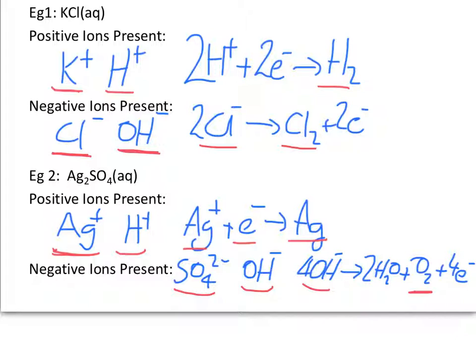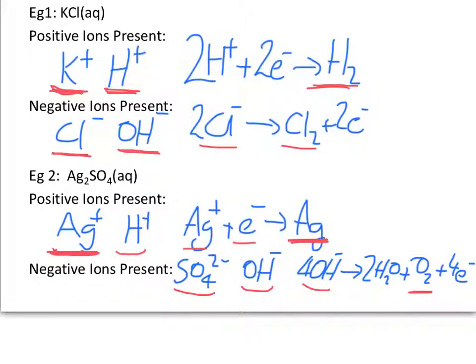So those rules again: for positive ions, check if the metal is more or less reactive than hydrogen. If the metal is more reactive than hydrogen, as is the case with potassium, you get hydrogen forming. If the metal is less reactive than hydrogen, as is the case with silver versus hydrogen, the metal will form.